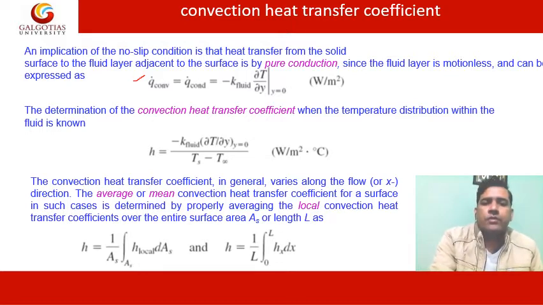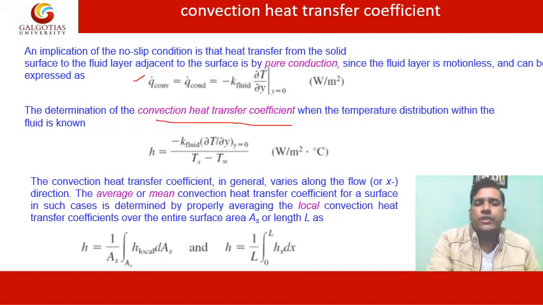And when we want to find the convection heat transfer coefficient, this is the expression for it. The convection heat transfer coefficient in general varies along the flow, or along the x direction.